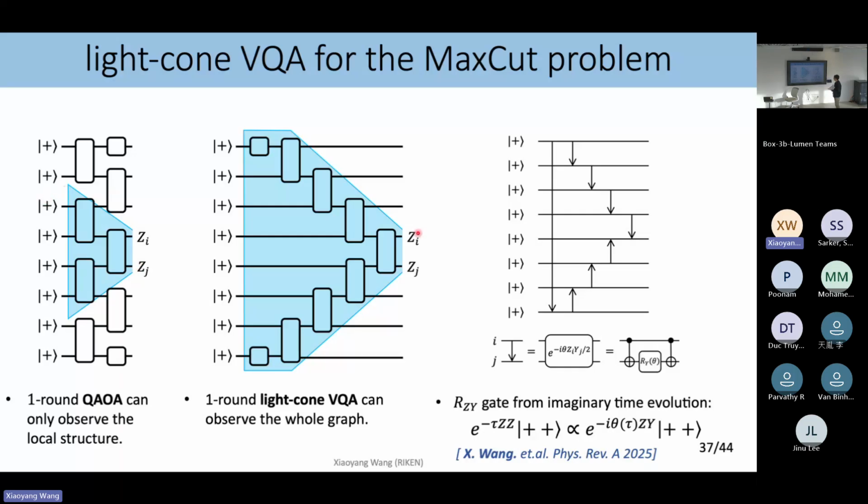However, for this light cone structure, if you want to evaluate the expectation of ZZ, you need to consider the whole system size, such that the classical resource would increase with the system size.